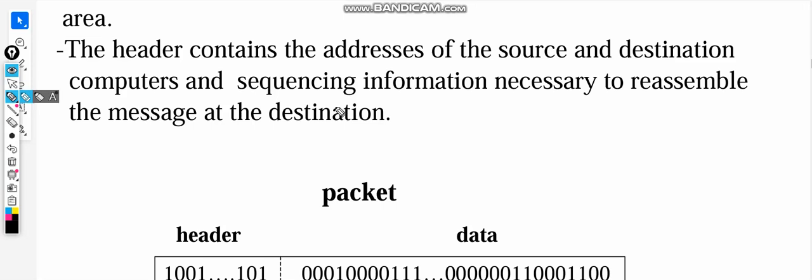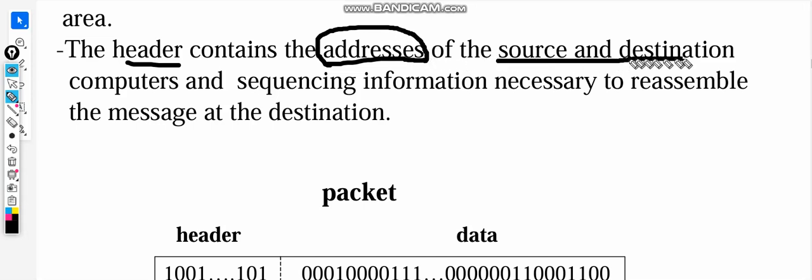The addresses of the source and the destination computers, and sequencing information, which means the numbers: in what order the packets are, since the message is broken into packets and the packets arrive at the destination.